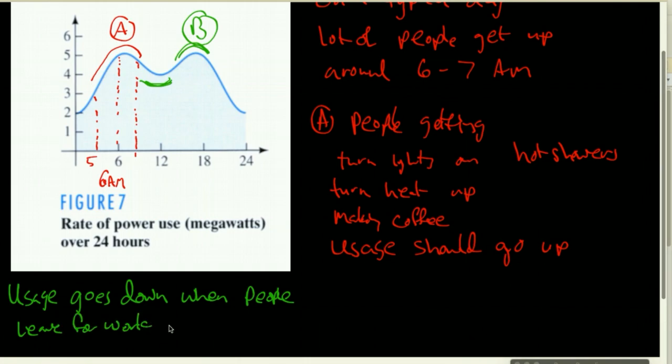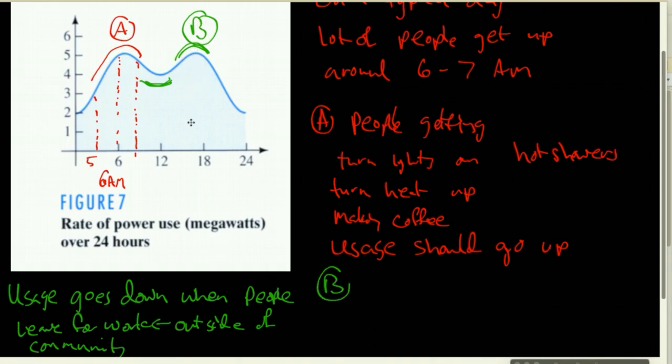In the context of this problem, we're looking at a bedroom community, and so these people are working outside of the immediate community. To put this in context of Buffalo, this particular suburb might be someplace like the town of Tonawanda, and many of the people in the town of Tonawanda drive into Buffalo for work. And so the usage drops a little bit during the middle of the day. It doesn't drop excessively because there are people coming in to work and there are people still at home and things like that.